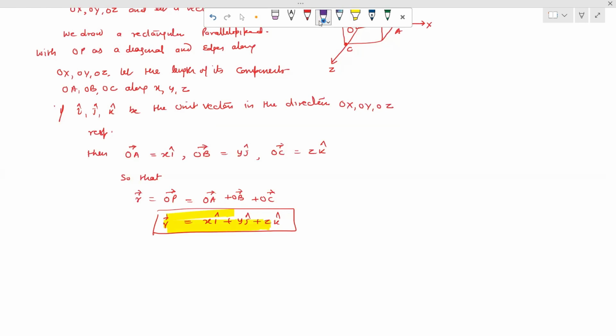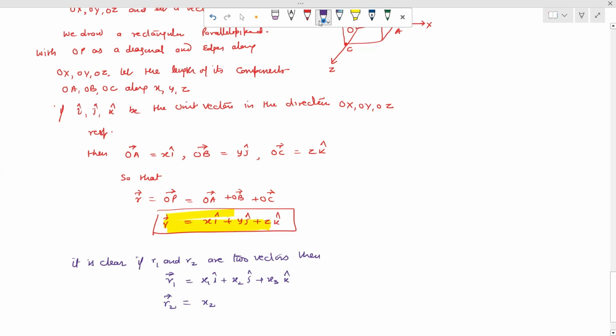So we also mentioned that it is clear, if R1 and R2 are two vectors, then vector R1 is equal to x1 i plus x2 j plus x3 k, and vector R2 we represented similarly.